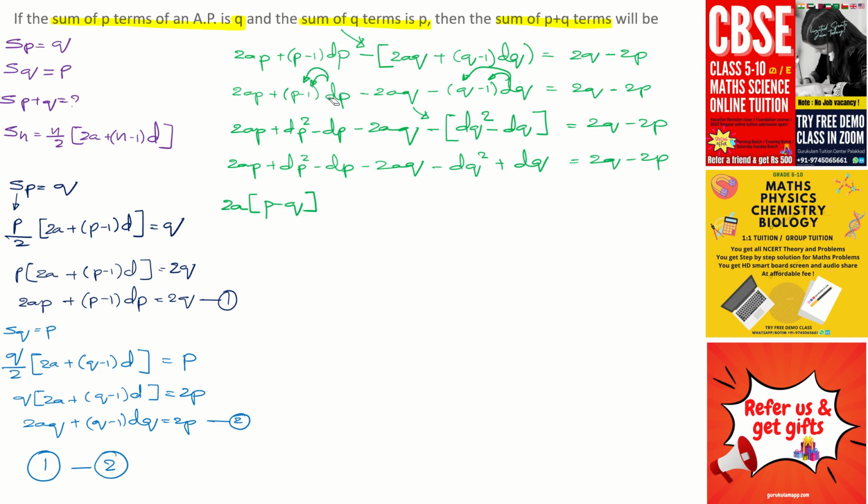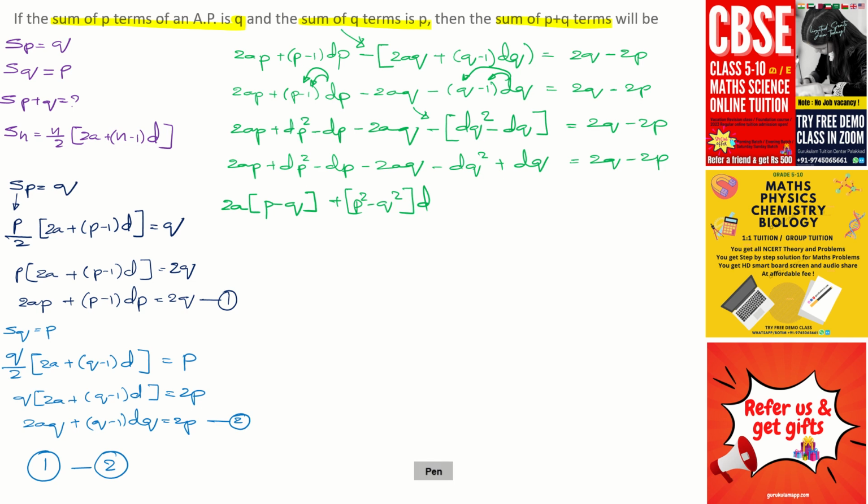Similarly, you can take p square and q square common from here. So we can write it as p square minus q square into d, right? So plus p square minus q square into d, right?